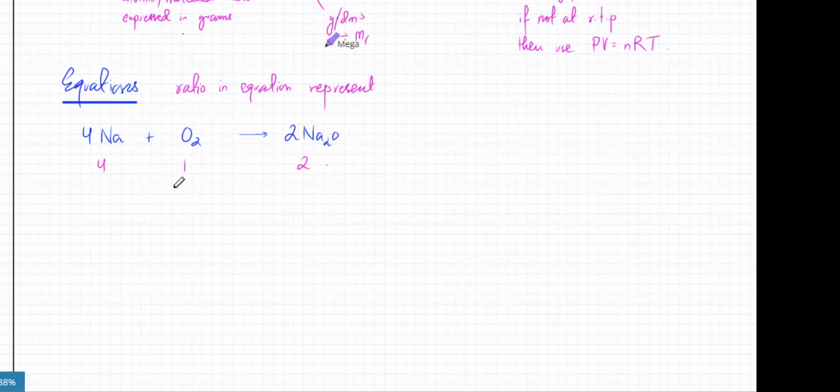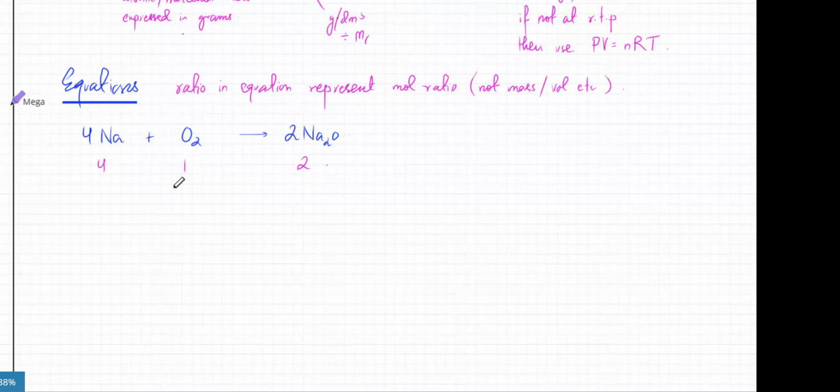It's the ratio of the quantity, the number of particles or moles. So the ratio in the equation represents the mole ratio. That's it. It's not the mass ratio or any other ratio, mass or volume. So you have to be careful with that.